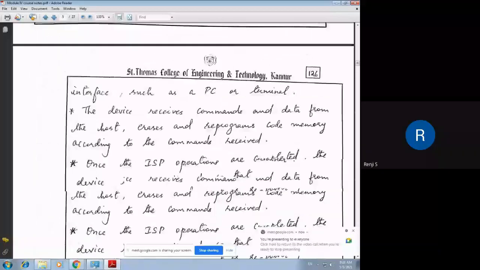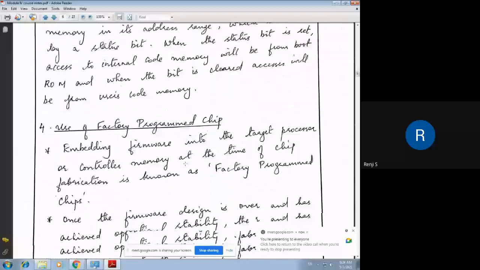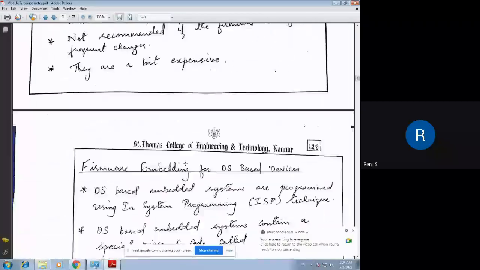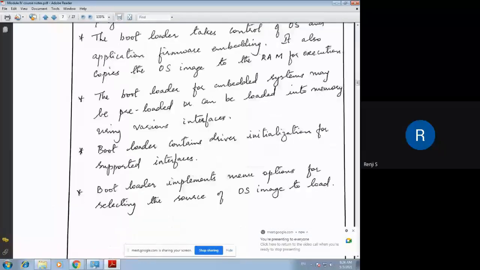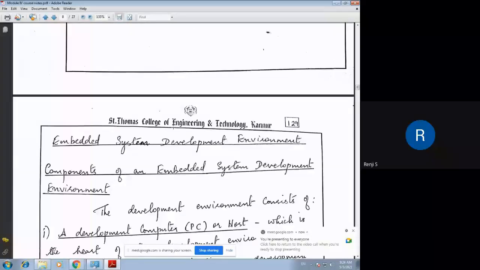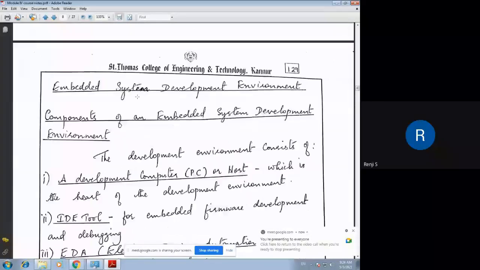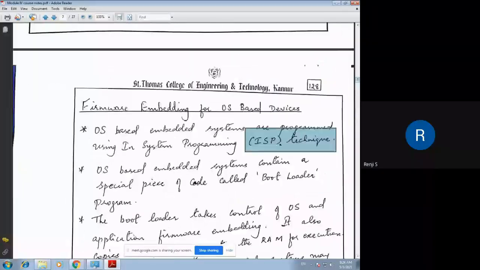So we were discussing the non-OS based embedded systems and the boot program used to embed the firmware. This technique uses ISP, which we had discussed earlier. Now, with that, we have come to the end of the integration techniques, integrating firmware into code memory, integrating firmware into hardware.